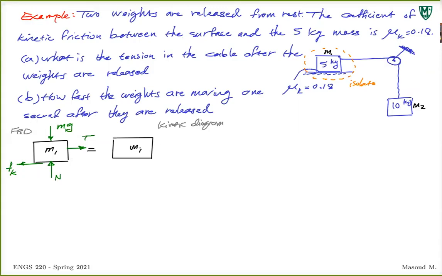On the kinetic diagram, what is the direction of the motion? If I take my coordinate system X and Y, what components of acceleration do I have there in Cartesian coordinates? One acceleration to the right.